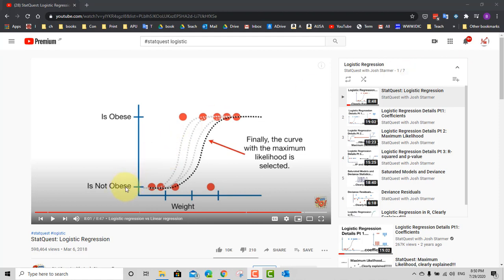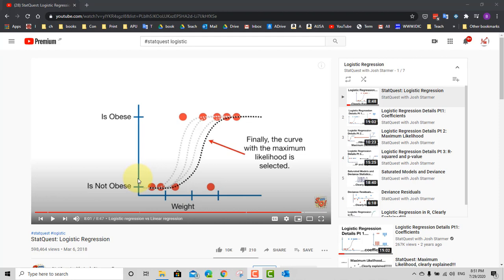So I'll give you a little hint. We're going to call this scale here probability. If it's down here, it's going to be a 0% chance that it's obese, and if we have something here which goes here, that's going to be maybe 10%.